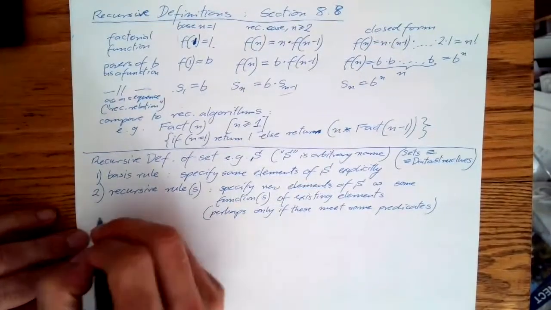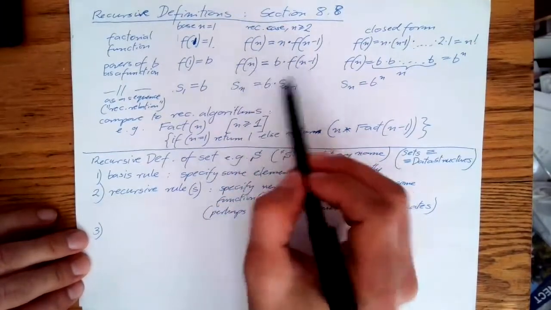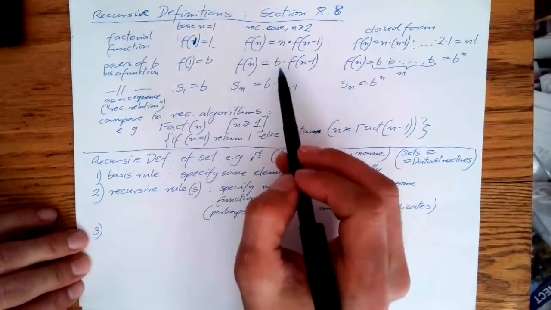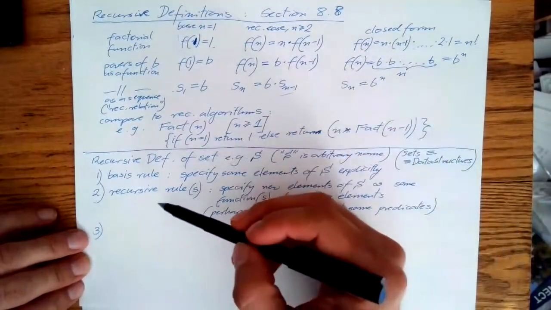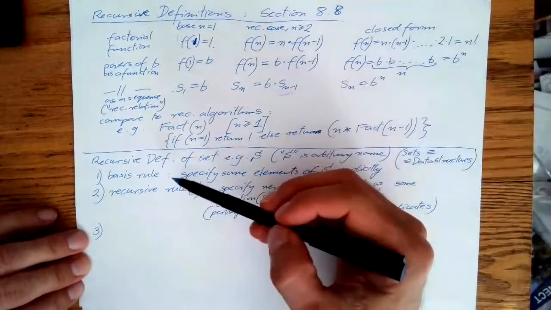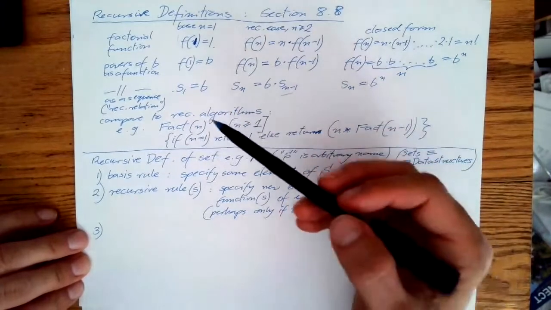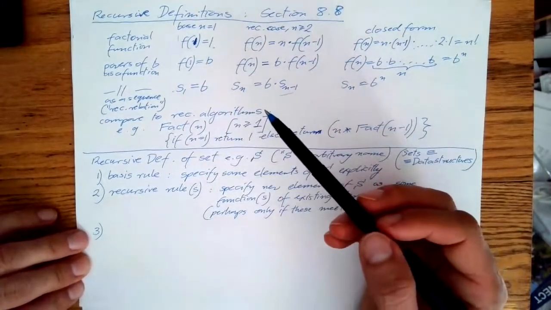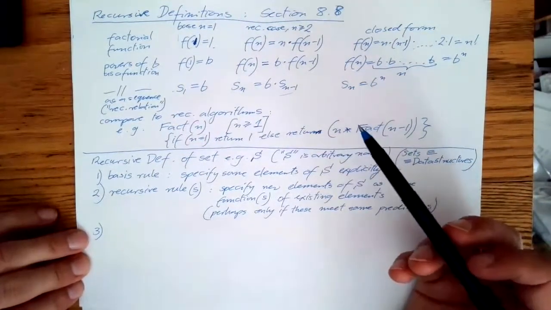And these recursive rules will be exactly like the recursive cases in these definitions, like the definition of a sequence. We have a set of values that we call Si. There is S1, S2, S3, S4. These values form a sequence.